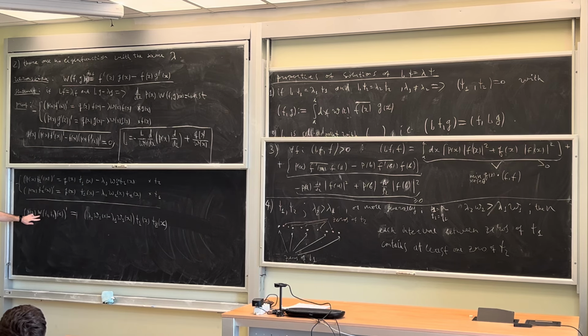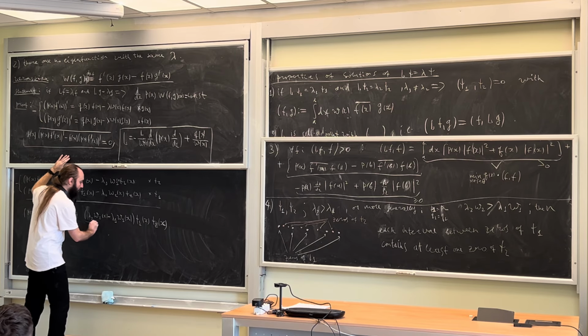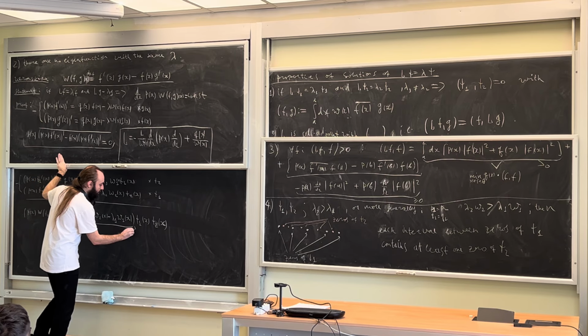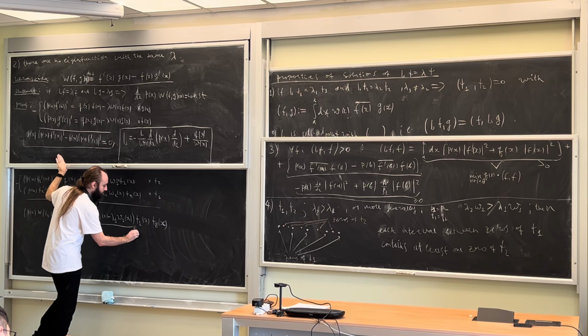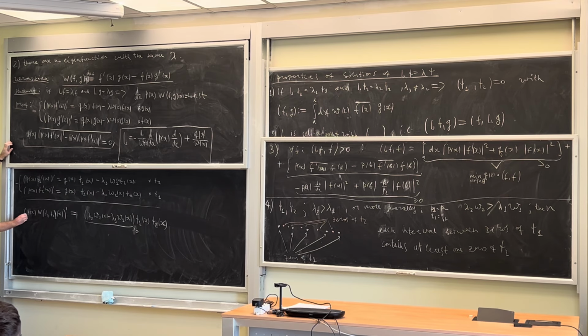This computation can be checked explicitly, and we already did this when the right-hand side was 0. So here we only need to know that this is positive. And this P of x is also positive.